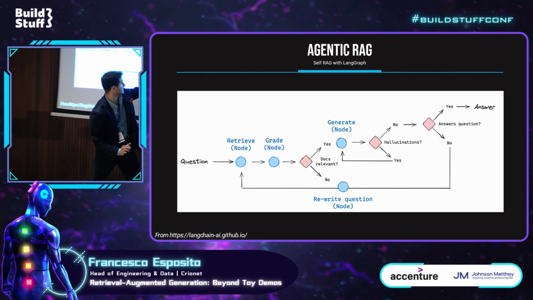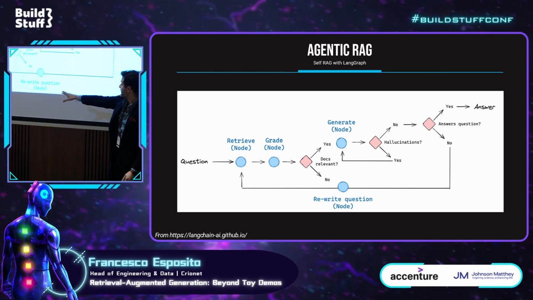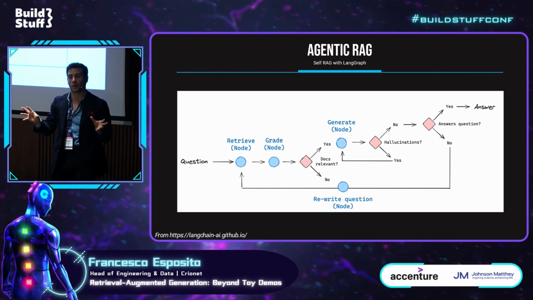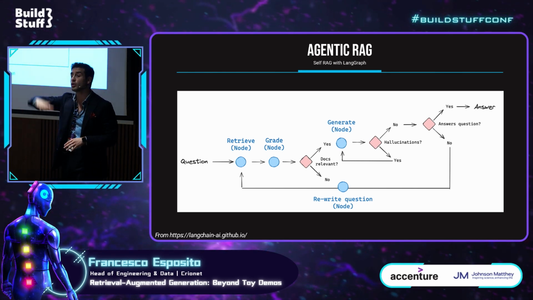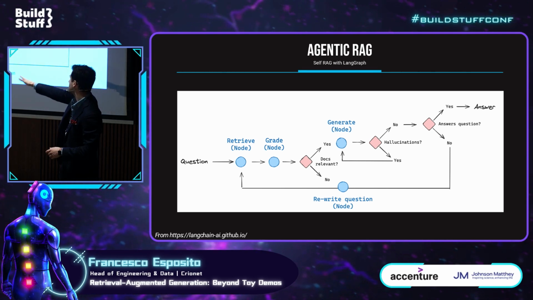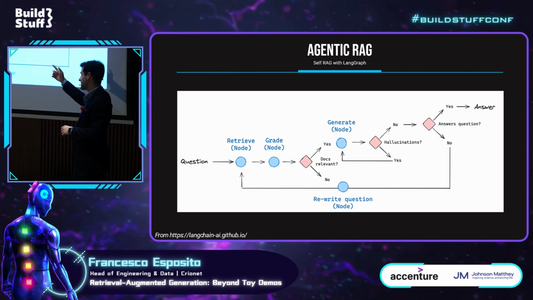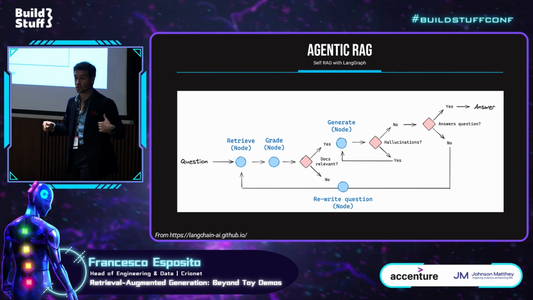And this is the output guardrail part. So this is a real-world flow in which we have the retrieval step. We reorder documents, remember the lost in the middle problem. Then we ask, are these documents relevant to answering the original question?